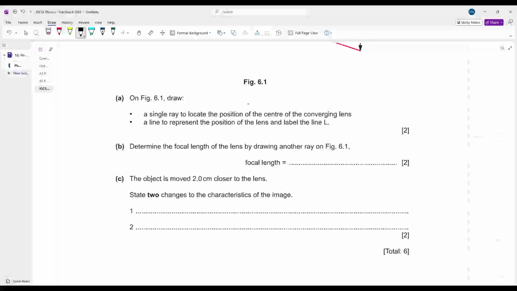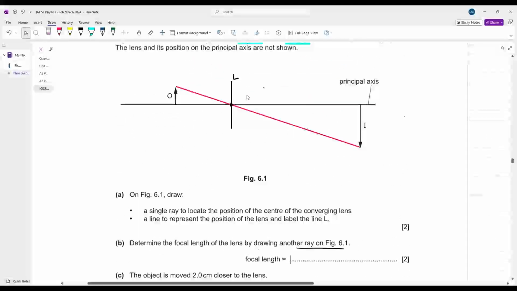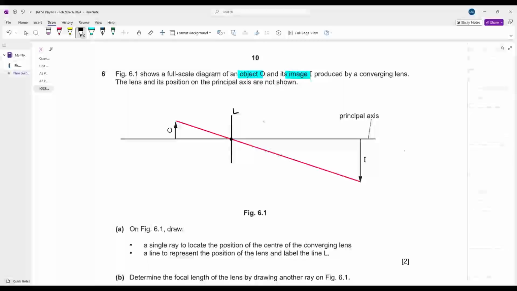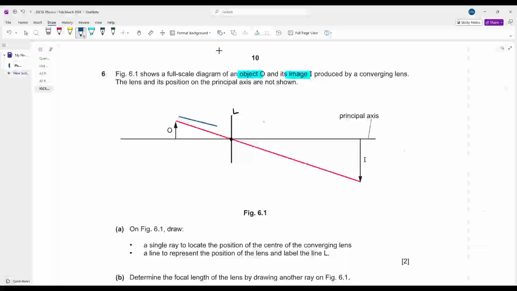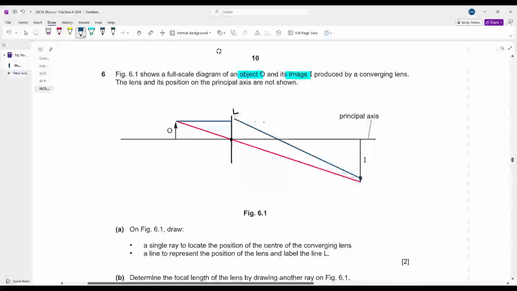Determine the focal length of the lens by drawing another ray on figure 6.1. Okay, how will you do that? First of all, you will draw a ray that is parallel to the principal axis like this. Perfect. इस तरह से. And this will also get connected towards the image like this. इस तरह से image पे ये connect हो जाएगी बेटा.